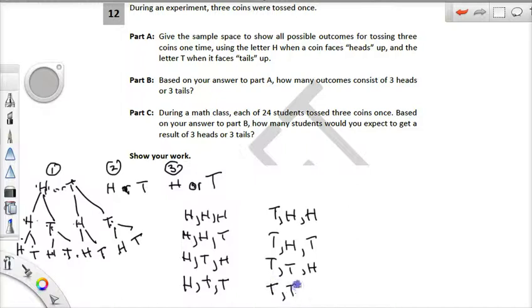So basically we have 8 different possible outcomes. For part A, I'll label this as A. This is our sample space.